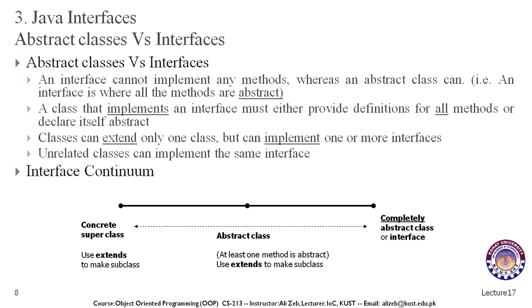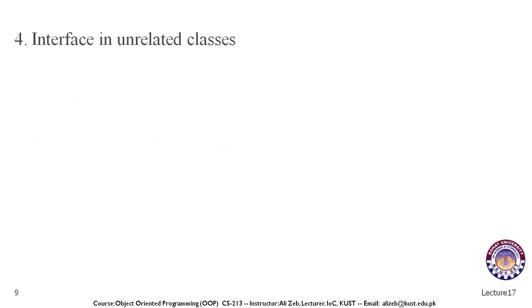But when we have a completely abstract class, that is, a class that has all of its methods abstract, for example an interface, then we create a subclass by using the implements keyword that implements this interface.